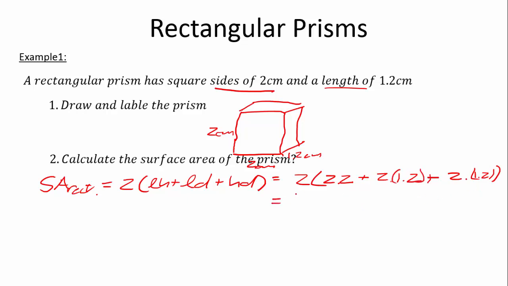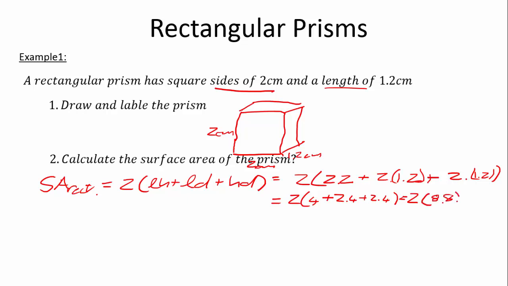What is 2 multiplied by 2? That is 4, plus 1.2 multiplied by 2, which is 2.4, plus another 2.4. What is 2.4 plus 2.4? That is 4.8. 4 plus 4.8 is 8.8.